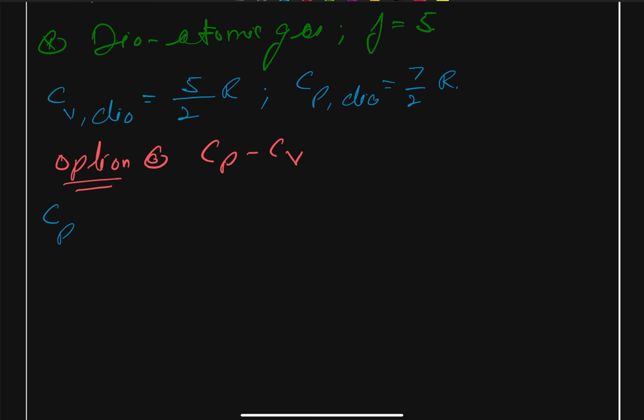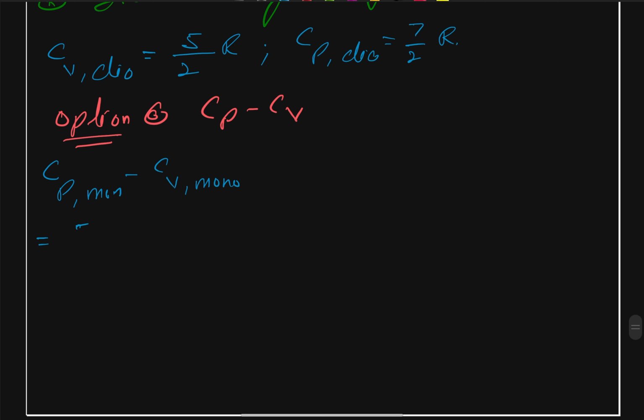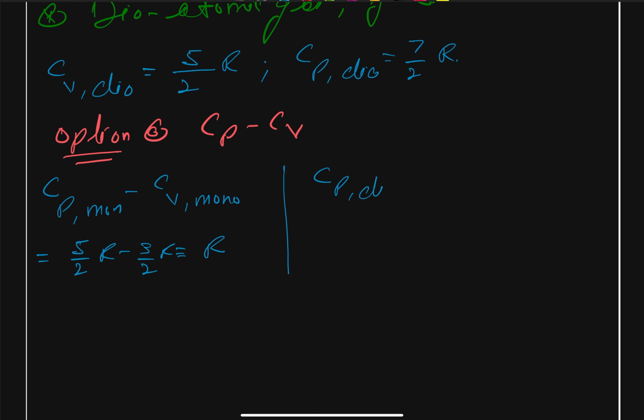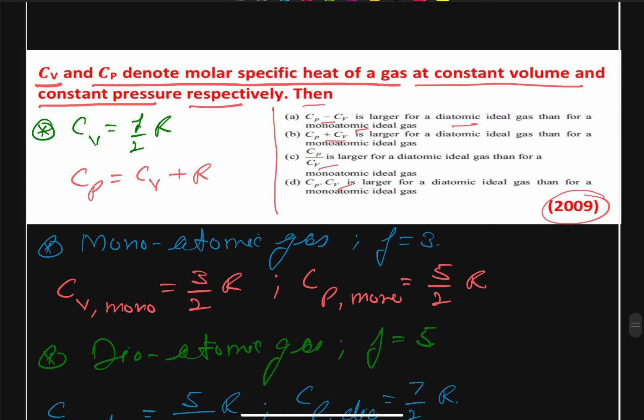Cp mono minus Cv mono comes as 5/2 minus 3/2, which is R. Now for diatomic, this comes as 7/2 R minus 5/2 R, and this also comes as R. So both are equal. Therefore option A is incorrect.